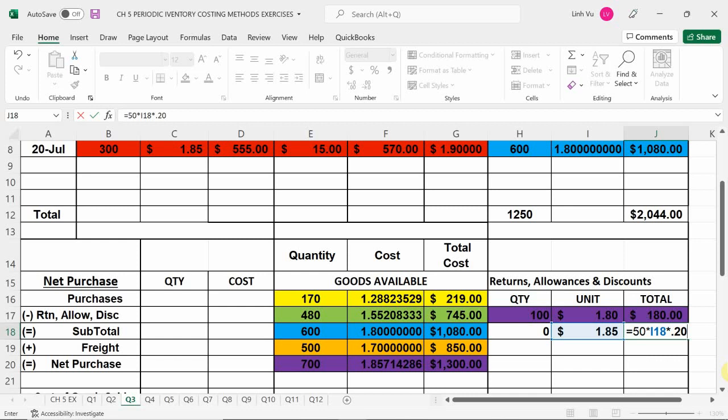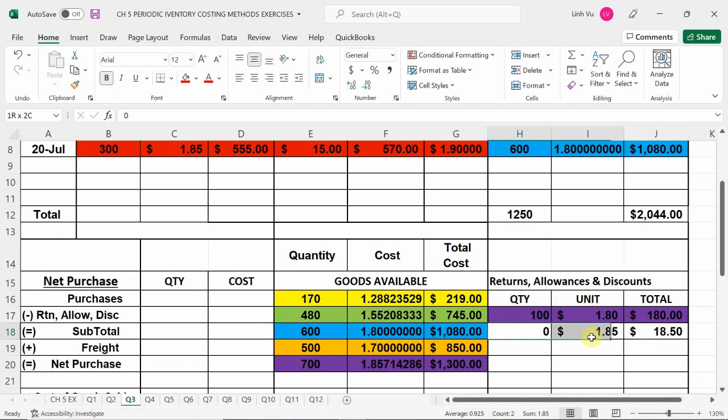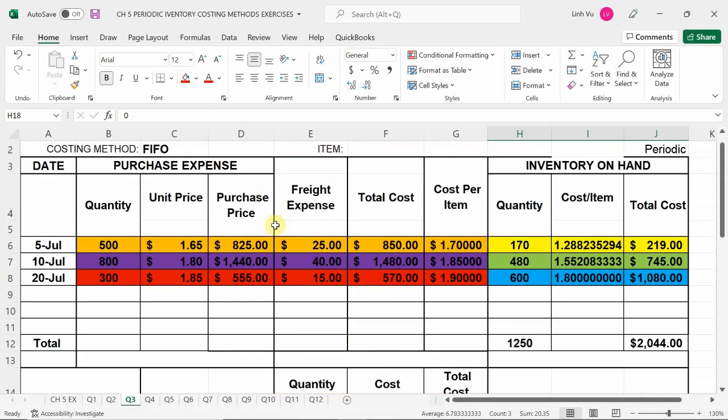Discount total is $18.50. Good. $18.50. And this is for my red batch of inventory, right?